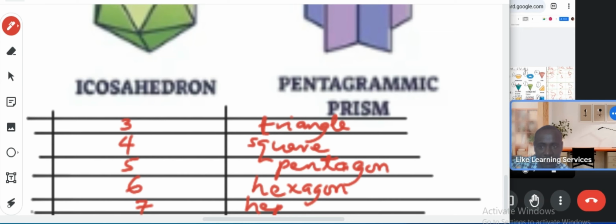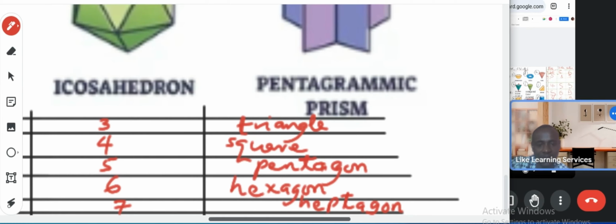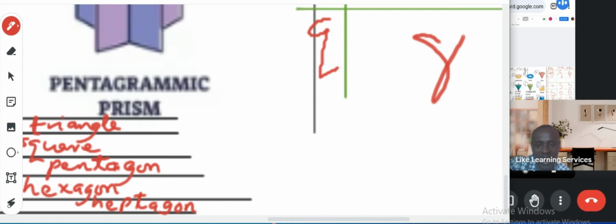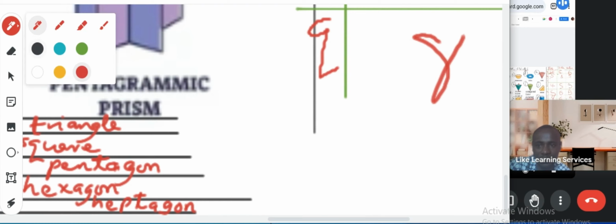Let me write it better. Heptagon. Heptagon is 7 sides. Let me write a few more.